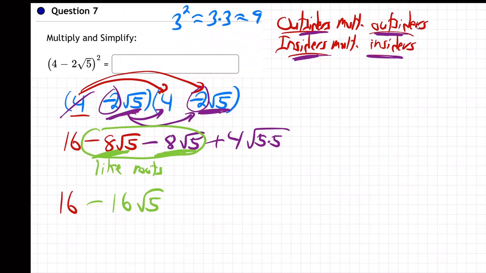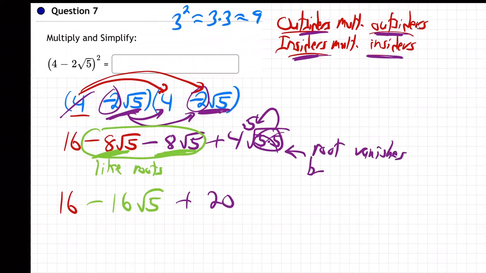So then over here, what's going to happen? Plus 2 5s inside sends 1 5 outside, and they're gone. That's going to be 20. The root vanishes because there's nothing left inside.